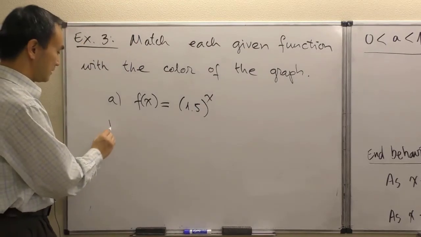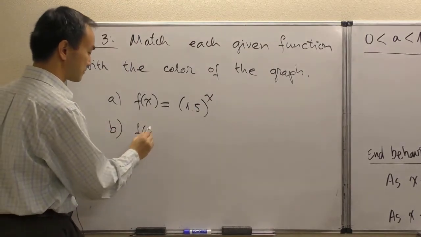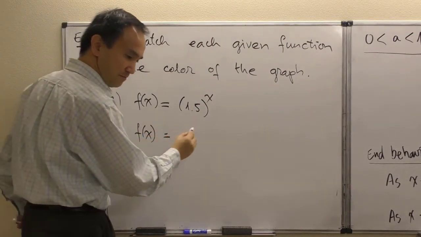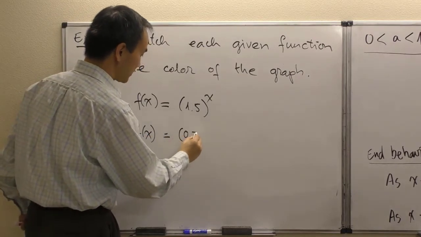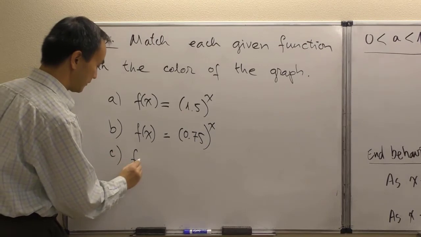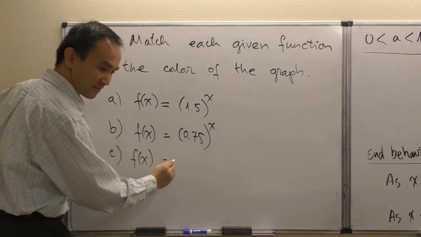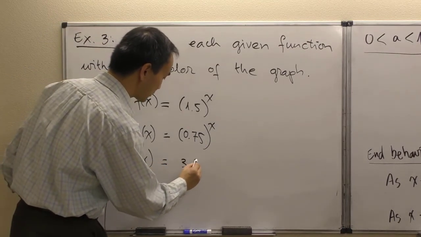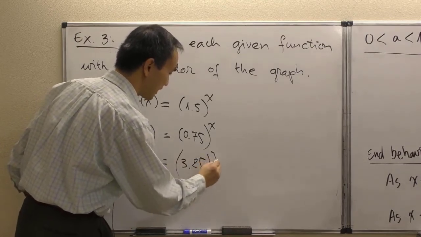B is 0.75 to the x. C is f of x equals 3.25 to the x.